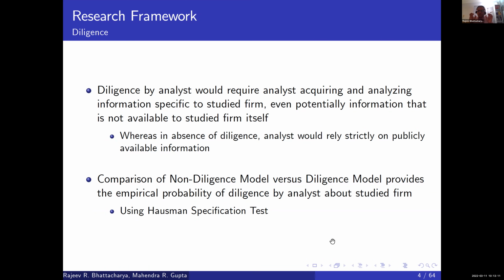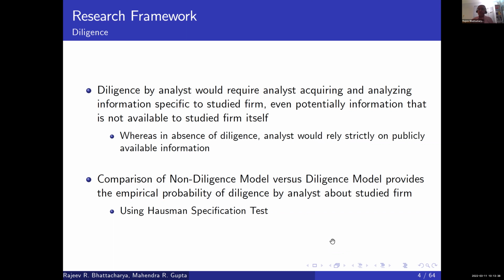First, we are going to talk about the concept of it and how we plan to measure it. The concept is that diligence, for instance by my endocrinologist, would require her to acquire and analyze information specific to my diabetes, even potentially information that is not available to me.